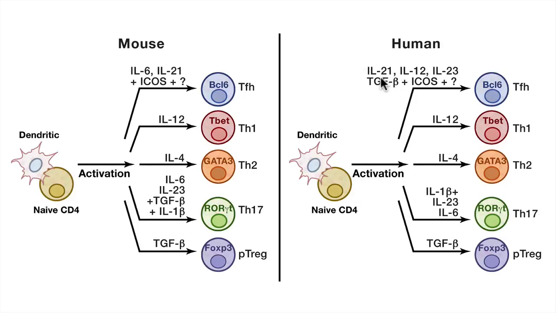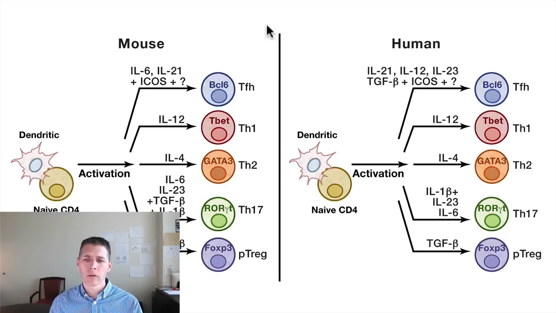But really, it's a combination of TGF-beta and IL-12 or TGF-beta and IL-23 that are the best inducers of BCL6 in vitro for human cells. And so either there are indeed major species differences between mice and humans for induction of TFH differentiation, or there are aspects to this differentiation that we still don't understand in terms of commonalities between the species.